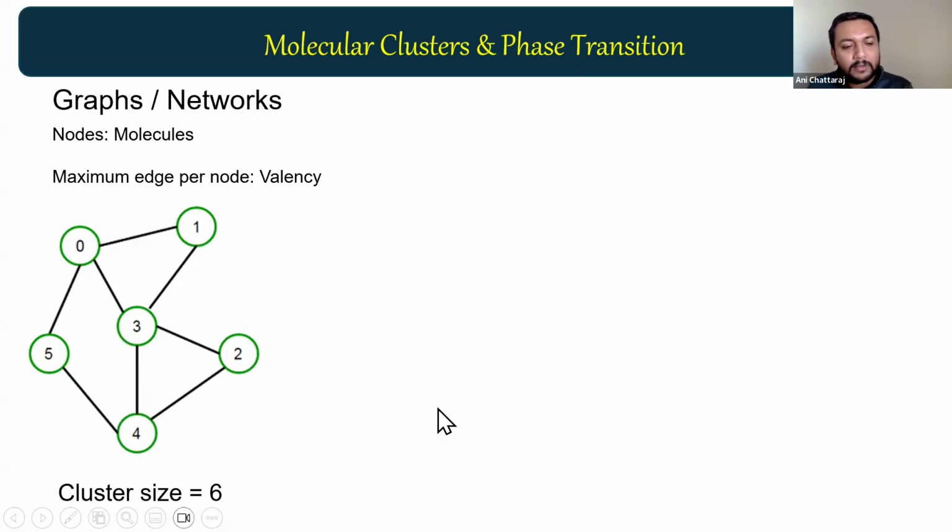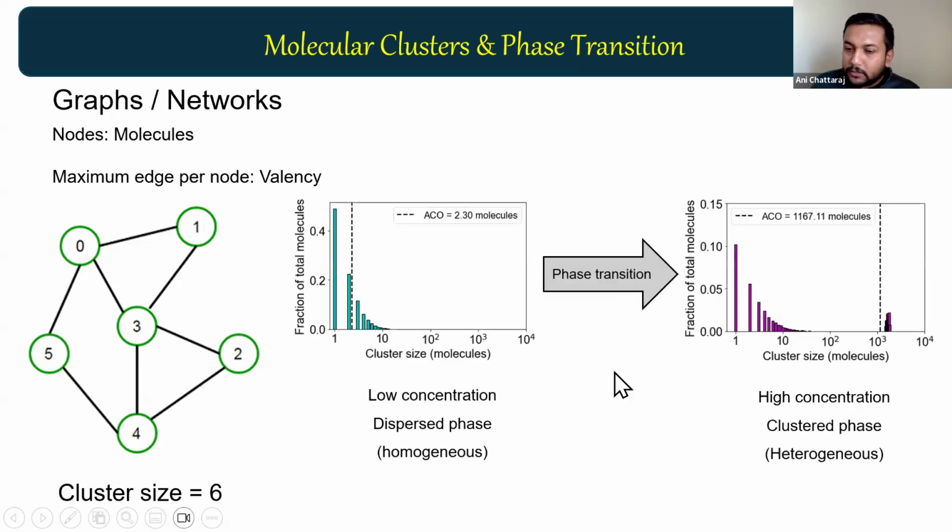I'll be talking about a cluster size distribution. When we are talking about a cluster size distribution, what is happening under the hood is essentially we are characterizing these networks of molecules that are present in the system. This is an example of a two component system, A and B, each having some number of binding sites.